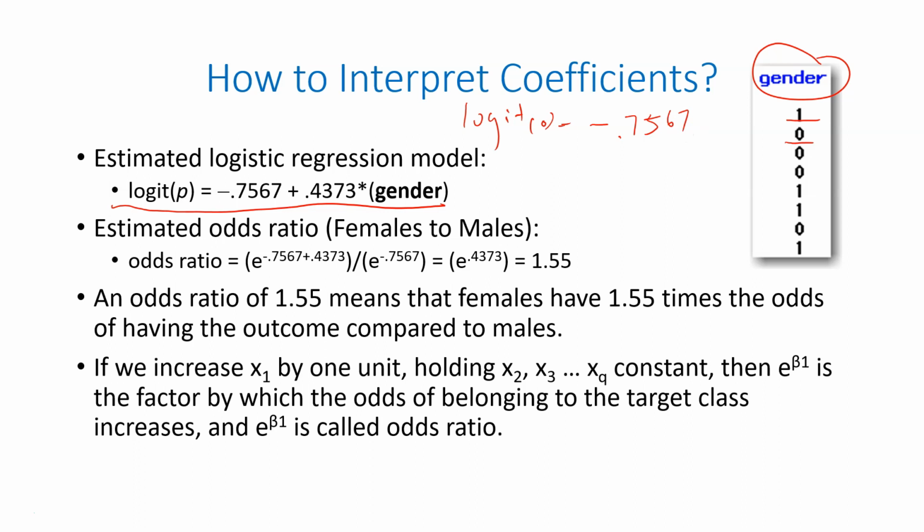And if gender is 1, the logit will equal negative 0.7567 plus 1 times 0.4373.